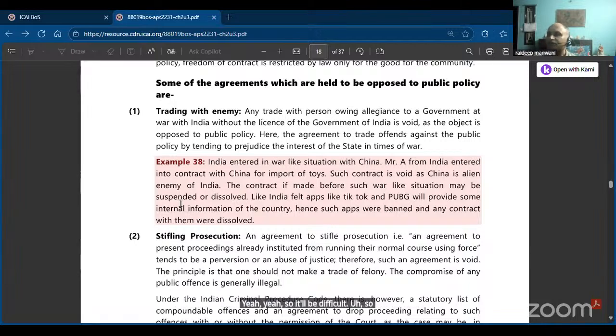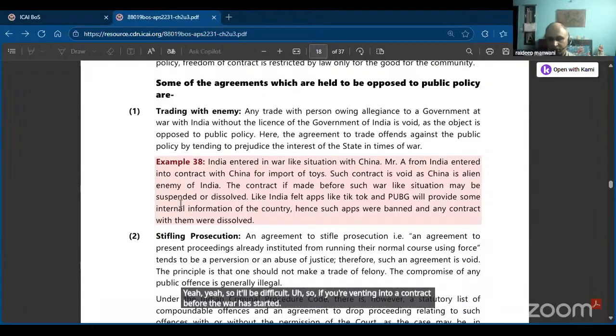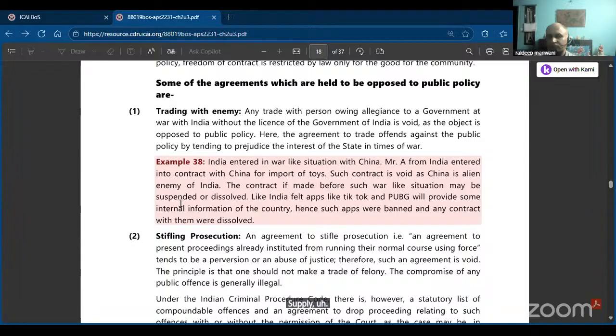So if you're entering into a contract before the war has started, in that case, there are two things which will happen. If the agreement is for something strategic, so for example, Sana has agreed to supply guns to a Chinese importer, that will be declared null and void because the guns can be used for the army.